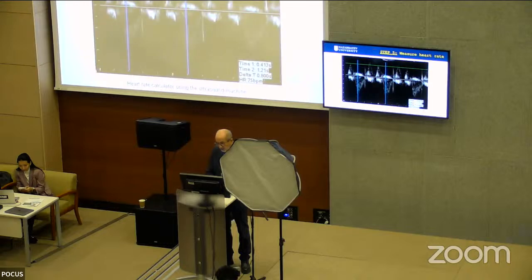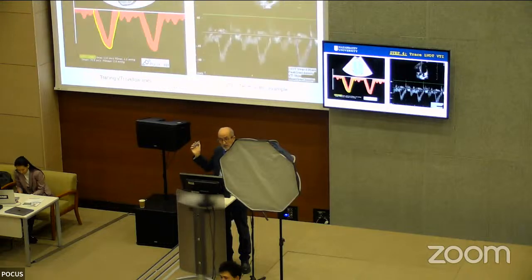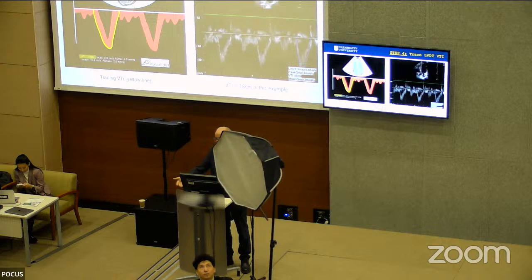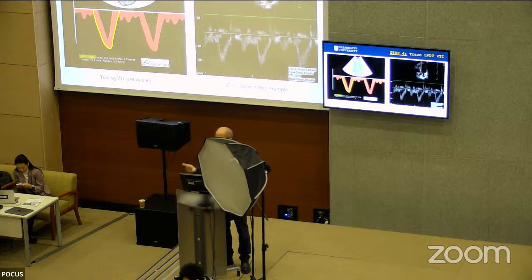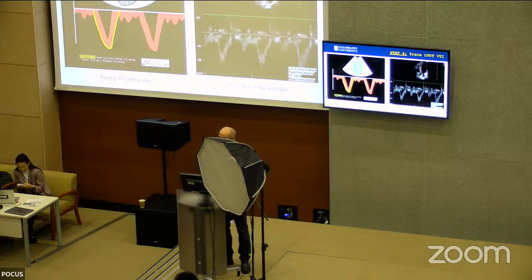You only measure the VTI, and the VTI will give you an idea of the stroke volume. If the VTI is 18 centimeters, like in this patient, and tomorrow it's 12, this means that the ventricle is not doing very well. There is a reduction in the stroke volume. And the reduction is about 30% because it's 18 and 12.